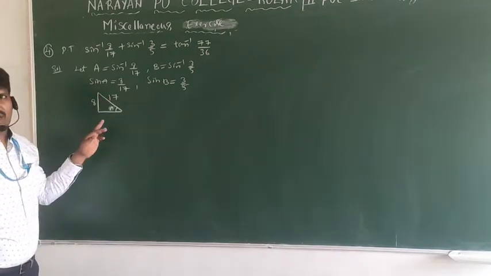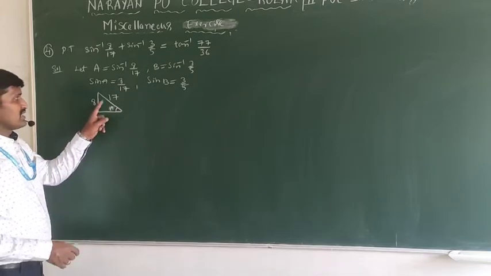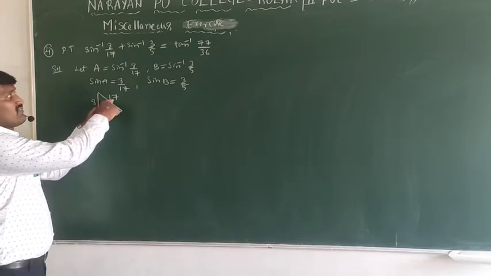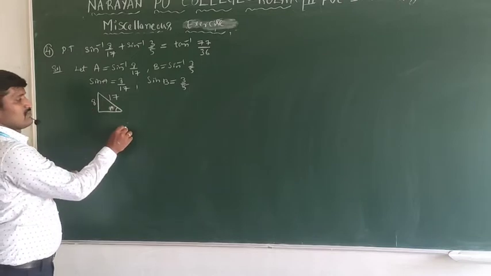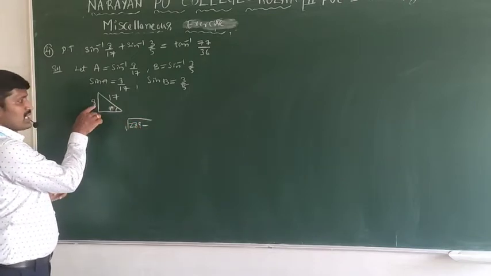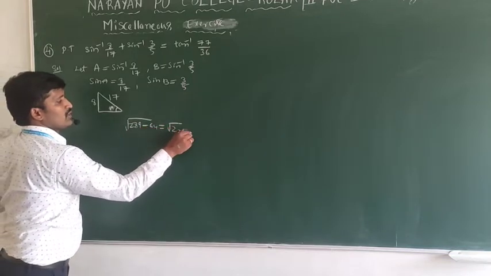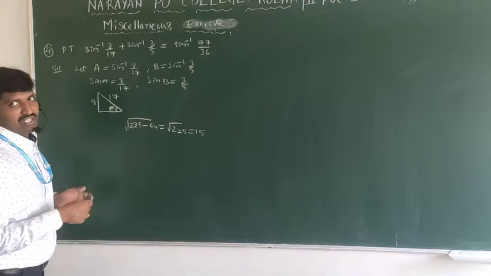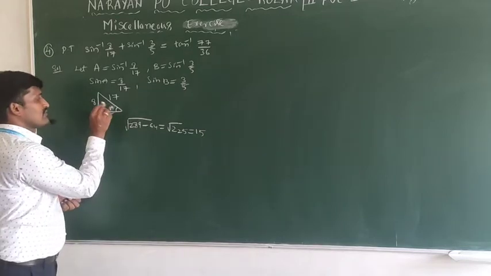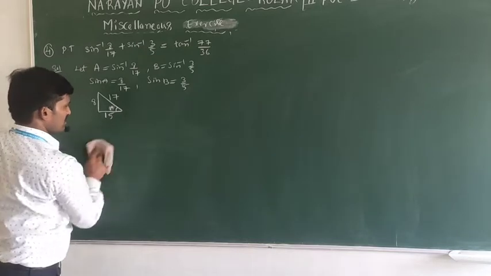In this combination, just now we discussed one model in the examples. 17 and 8 means root of 17 square, 289, minus opposite square, 8 square is 64. You get root of 225. 225 means how much? 15. That's why adjacent is clearly 15. Directly we can do it easily. No need to solve it all the way.